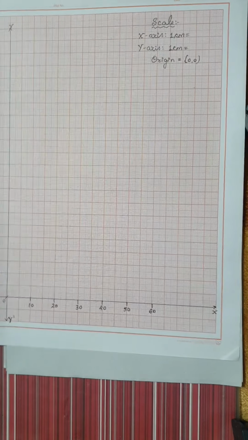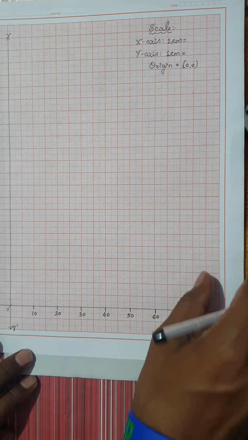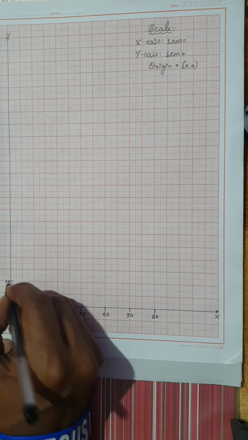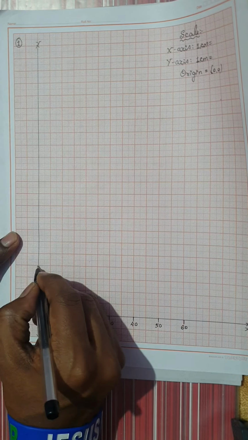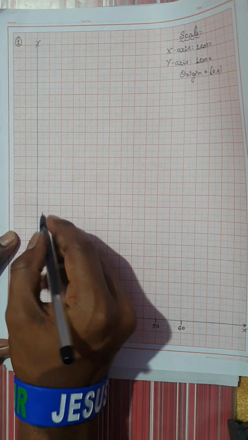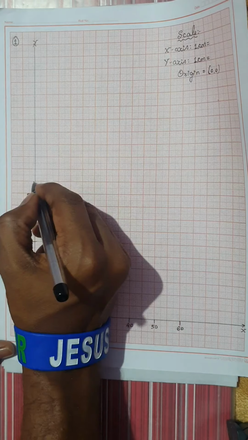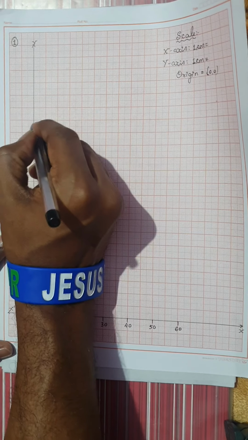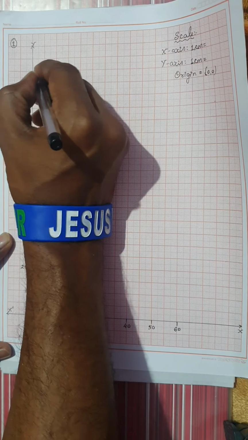So going on to plot the values here, in the same way you will take this is 5 and this becomes 10. Similarly, this is 15 and this centimeter would give me 20 and this is 25, and I can plot this as 30, this is 35, 40, this is 45 and 50, 55, 60, 65, this is 70 and this is 75, 80, 85, this is 90 and 95, this is 100.